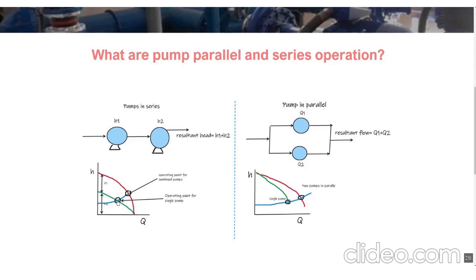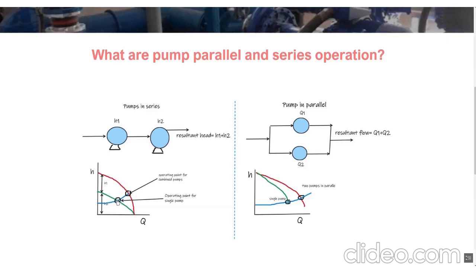We can see from here that both are helping to increase the head of the pump. Since we have to live on the system curve, we are not getting 100% resultant head, which is the sum of H1 and H2, because it is the resistance of the system curve which is preventing it from meeting the 100% sum of both these heads.